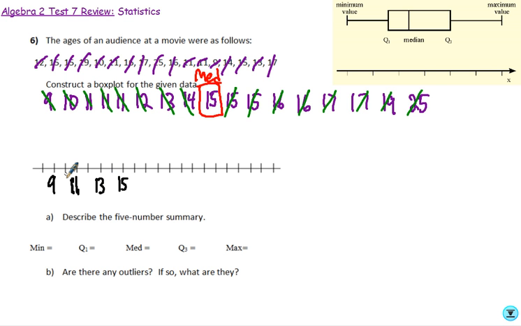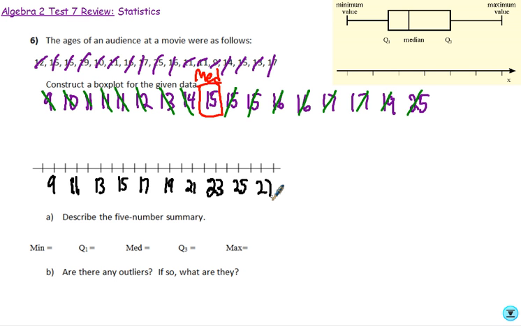You don't have to write in every number. In this case, I'm just going to skip so that I can make sure I can write the numbers where I can read them. 16, 17, 18, 19, 20, 21, 22, 23, 24, 25, and I think that's as big as we need to go, right? Because our biggest number is 25.